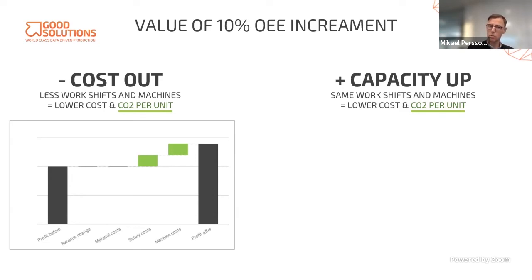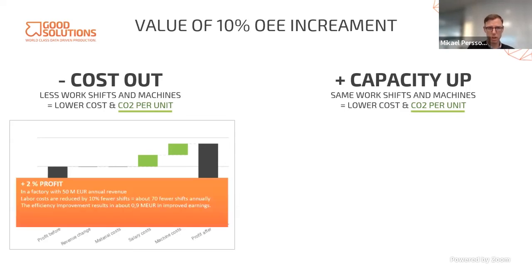Your salary cost will be a little bit lower because you can do things in less time, and your machine cost will be a little bit lower as you can do things in less time, resulting in a better profit. On average, you can do about 2% profit on the last row, so to say, in a P&L.